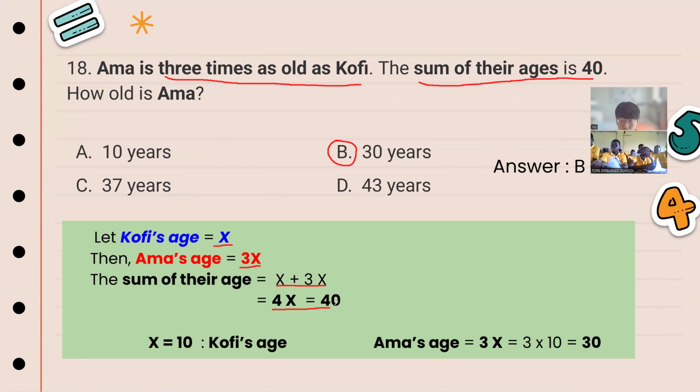Divide by 4 on both sides, and we get x equals 10. But that is Kofi's age. x equals 10 is Kofi's age. What was Alma's age? 3 times Kofi's age. 3 times 10 equals 30. That's why Alma's age is 30 years old.